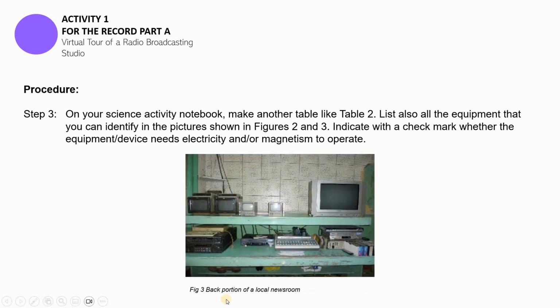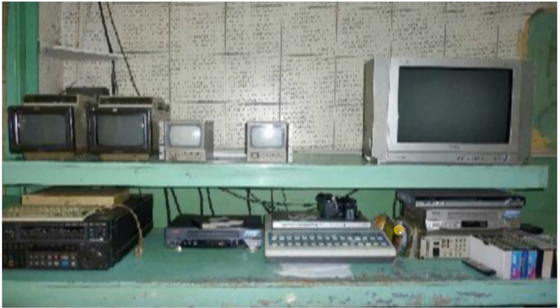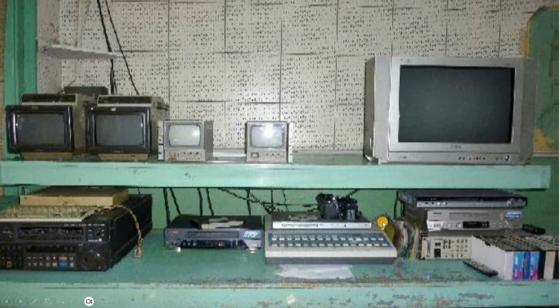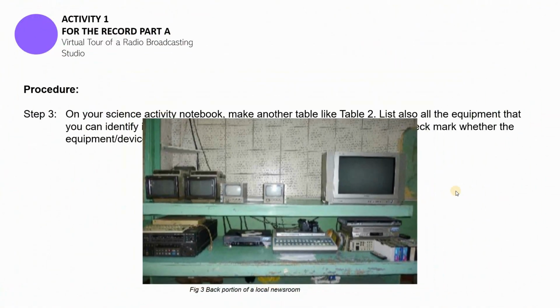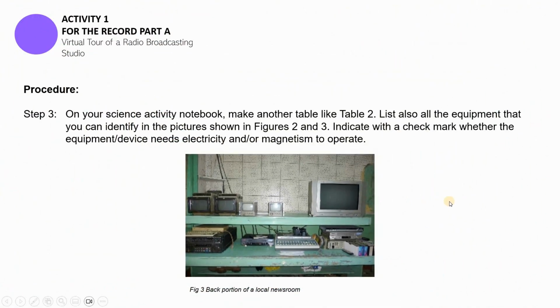The next photo is figure 3, which is the back portion of a local newsroom. Let us now zoom in. Okay, I'm assuming that that is enough time, or maybe you can just pause this video if you need to inspect it. We're now going to be moving forward.